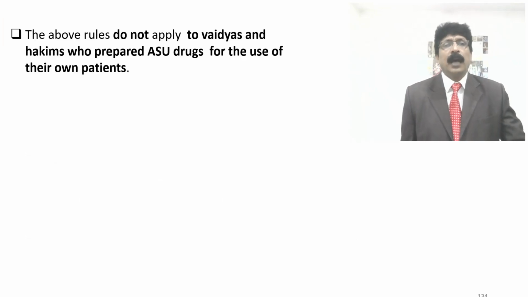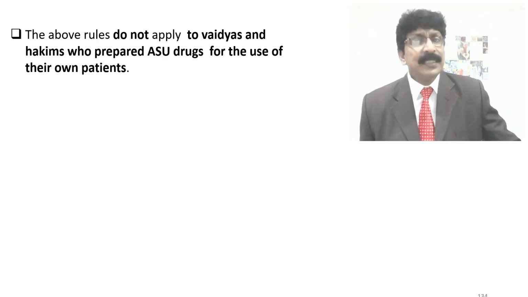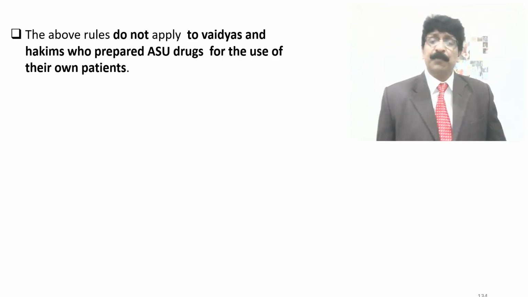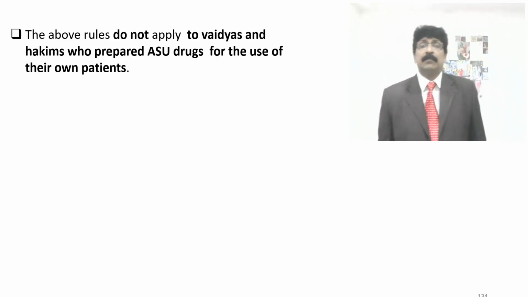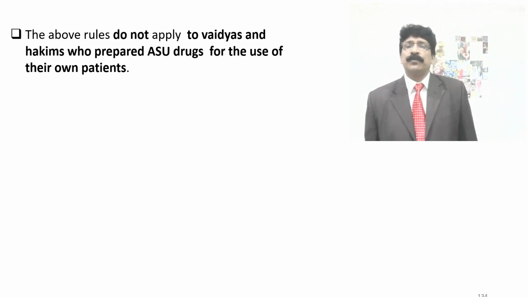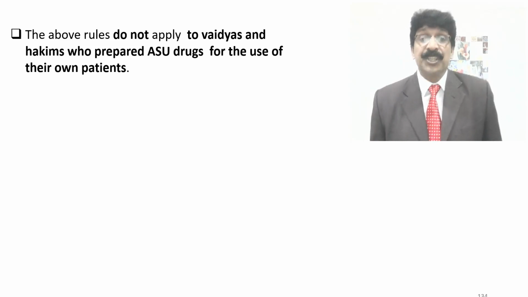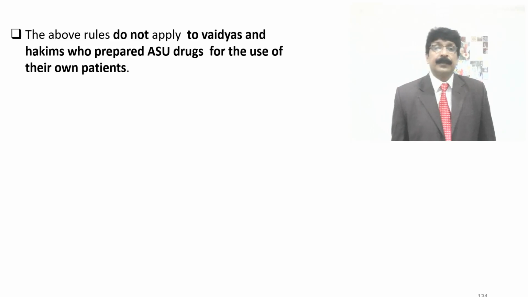The above rules do not apply for Vaidyas and Hakims. Who are these Vaidyas? Vaidyas are those who traditionally practice Ayurveda. If they want to produce for their personal use, for their own patients, they can prepare.